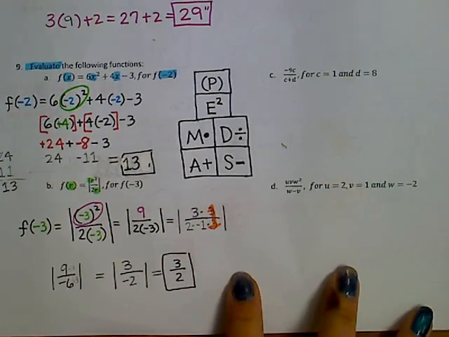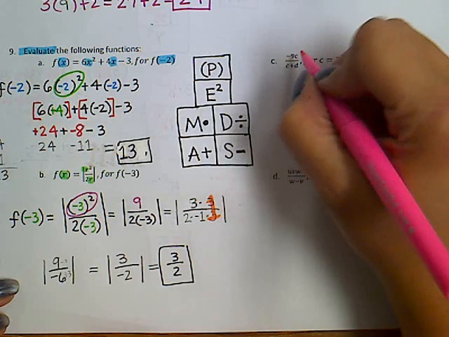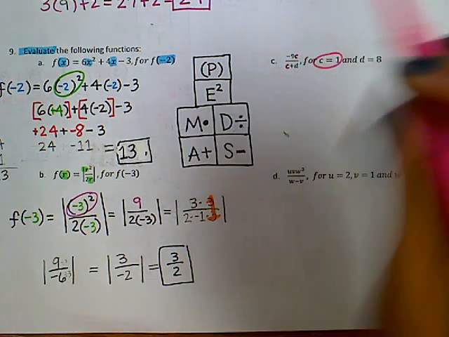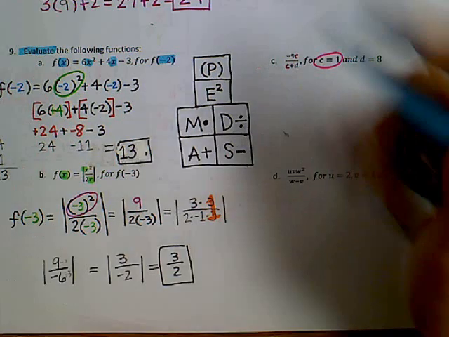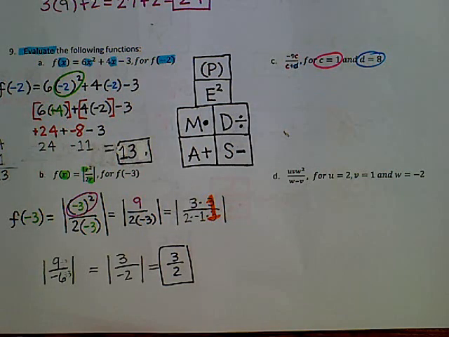Now, part C and D are a little bit more difficult whenever we're evaluating because, well, we have multiple variables. So I'm going to grab some colors here. Orange, why not? Okay. So, I have C and D. Okay.